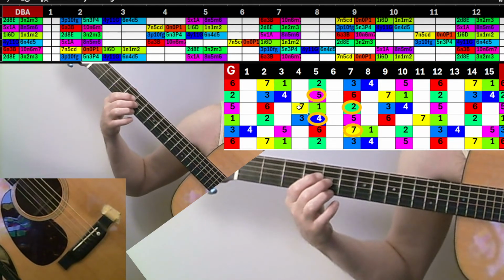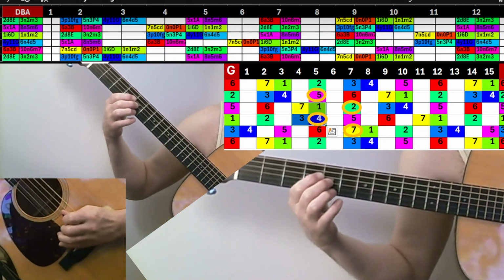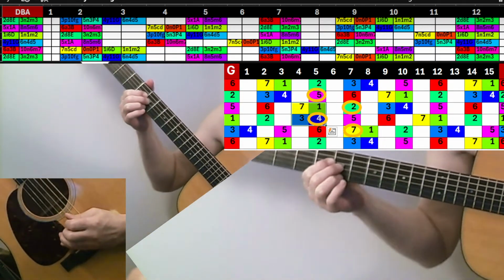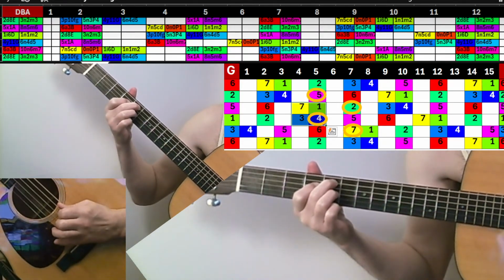Nice to know where the square is, right in the middle. And the Mixolydian is always at the top of the square, so you always get that triangle at the top of the square.